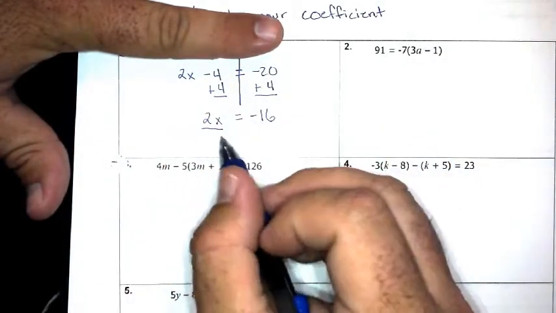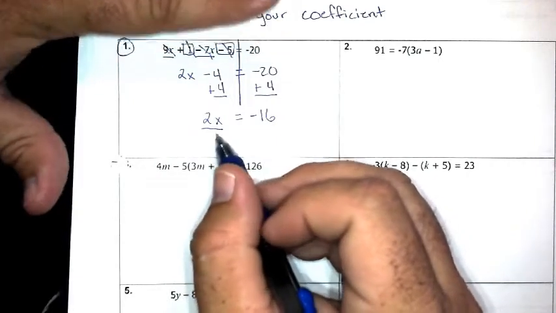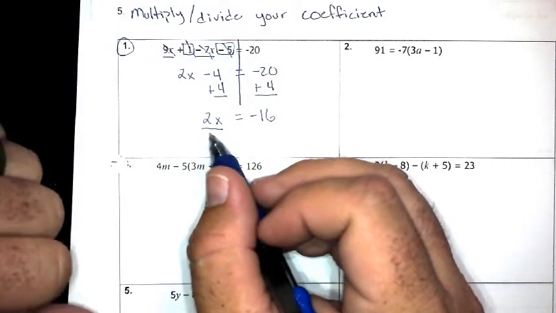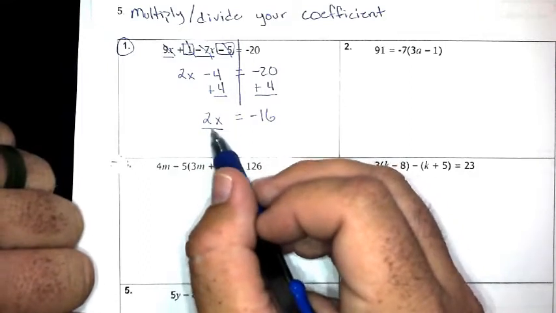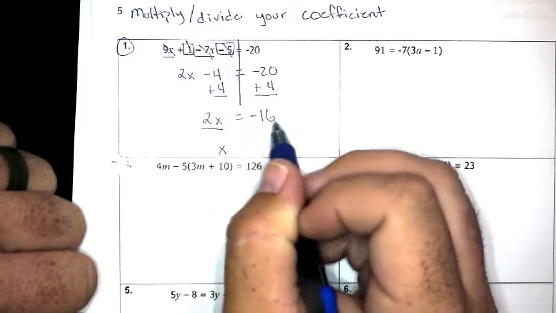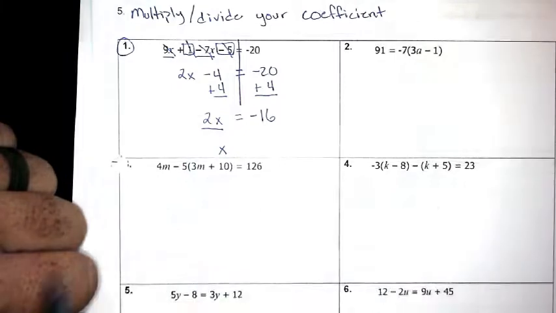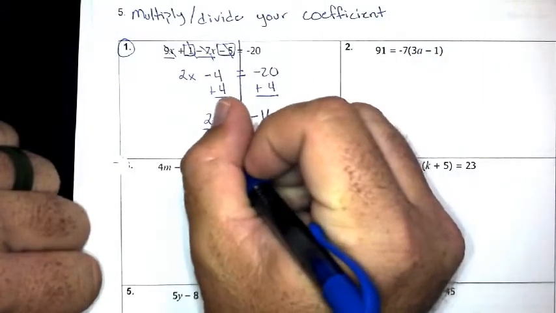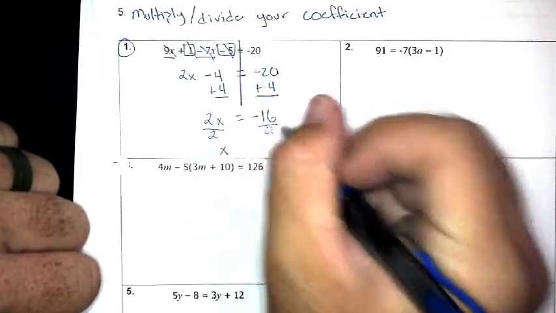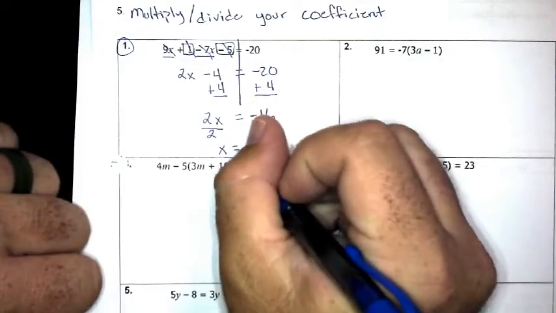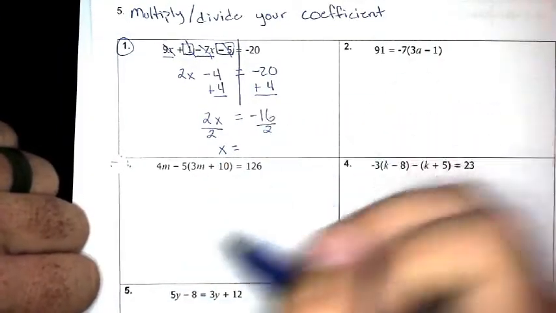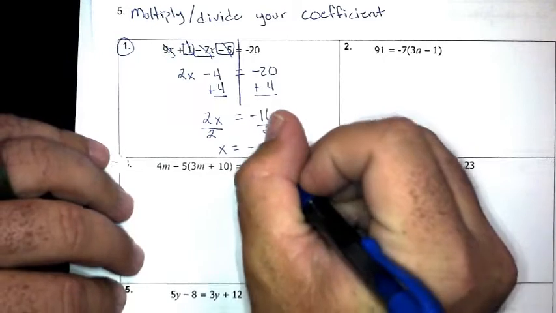So that means keep the variable on this side. If I subtracted 2x, that means that 2x would have actually moved over to this side, and that's not what we want. We want it to stay over here and be by itself. So I'll divide by that 2 to both sides. -16 divided by 2 is just -8.